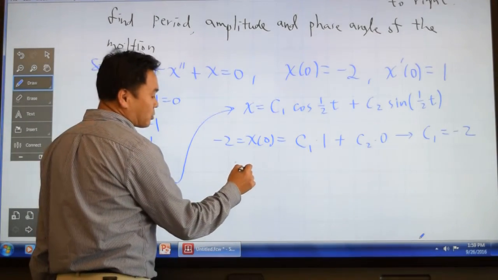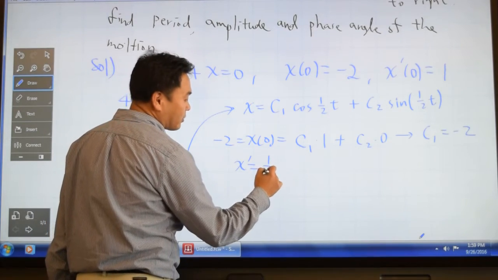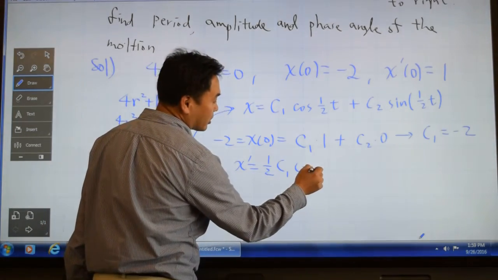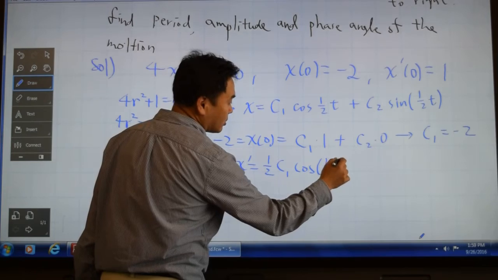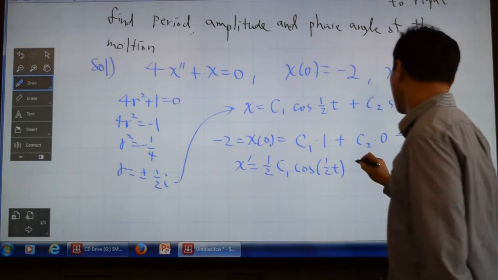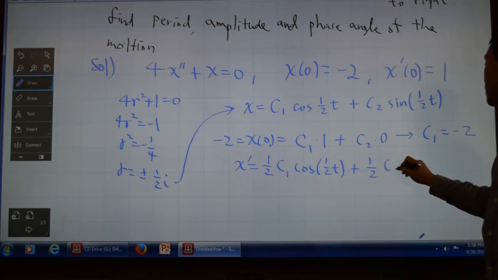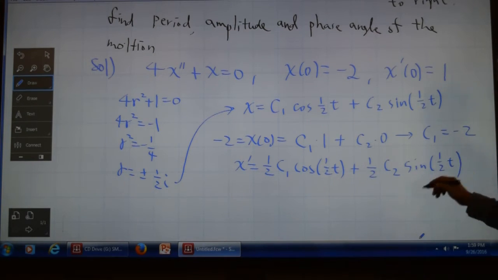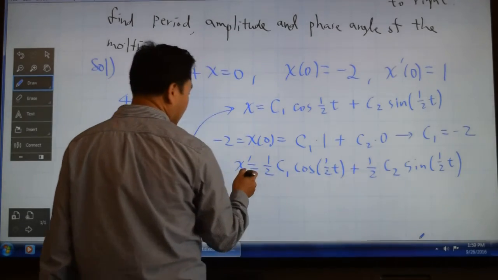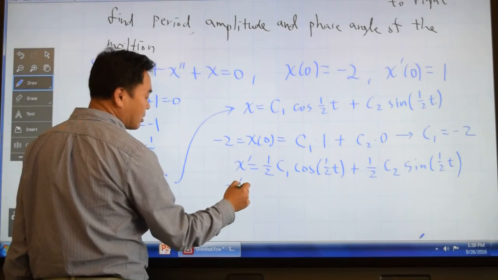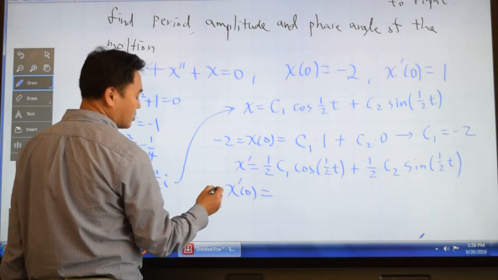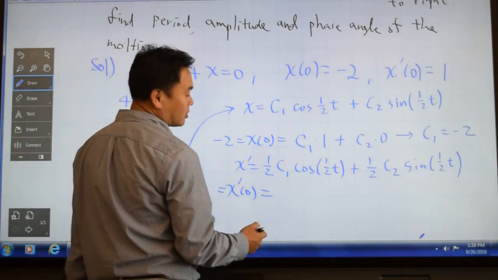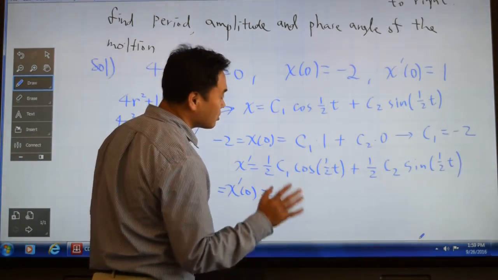Now what about x prime? x prime is 1/2 C1 cosine 1/2 t plus 1/2 C2 sine 1/2 t. And if I say x prime of 0 is 1, oh, where did my derivative go?